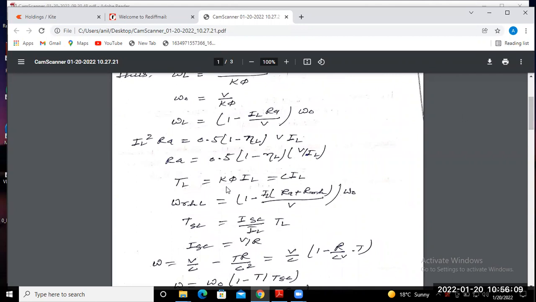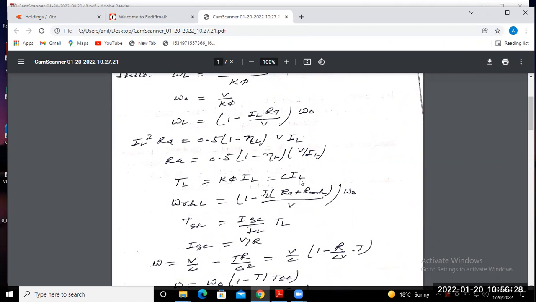Phi is constant in the shunt motor, so we can put K and phi together as another constant C. That means load torque is directly proportional to the load current.